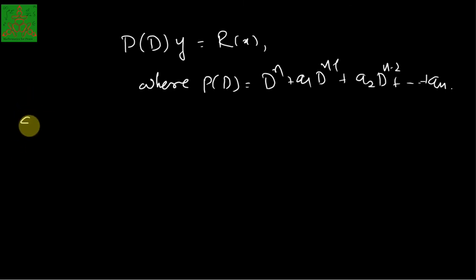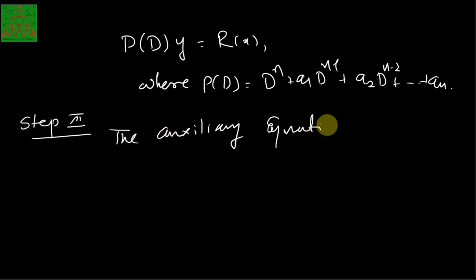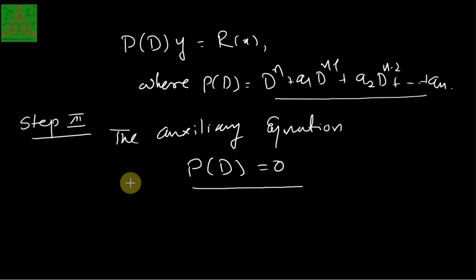Step 3 is to find the solution of the auxiliary equation. The auxiliary equation is P of D equal to 0. Since this is a polynomial of degree n, by the fundamental theorem of algebra it has n roots in the complex plane.